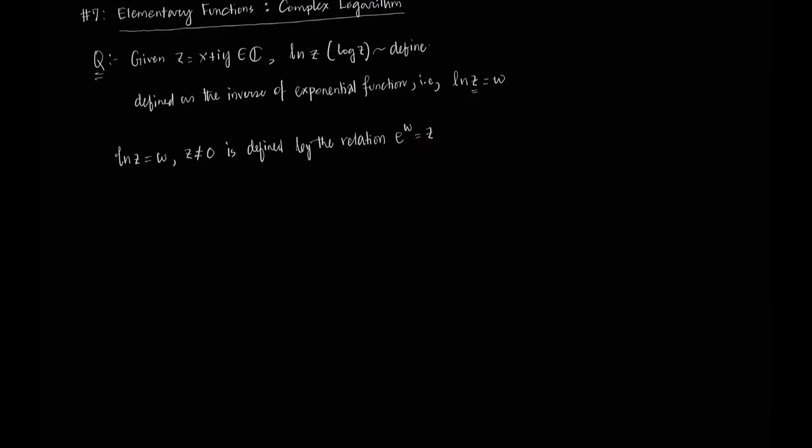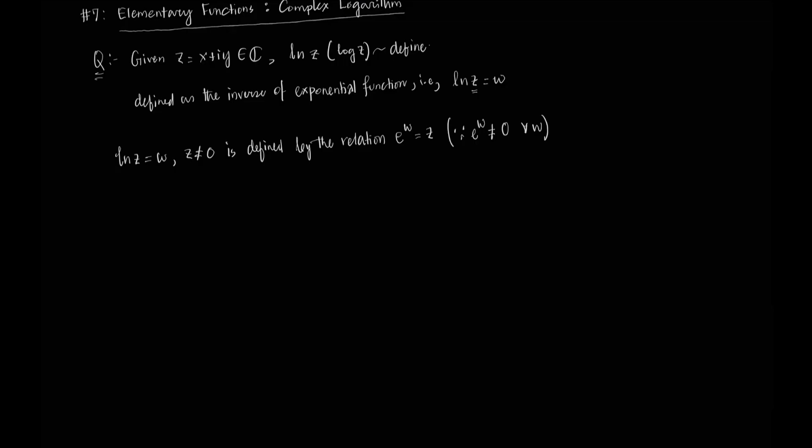Why z not equal to 0? If z equals 0, then since e power w is not 0 for all w, z equals 0 is not going to be possible.